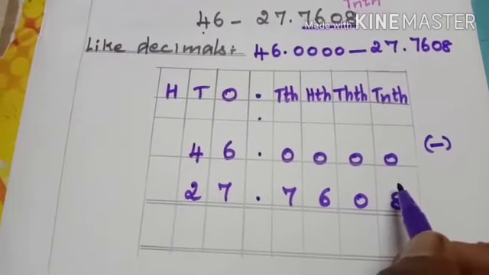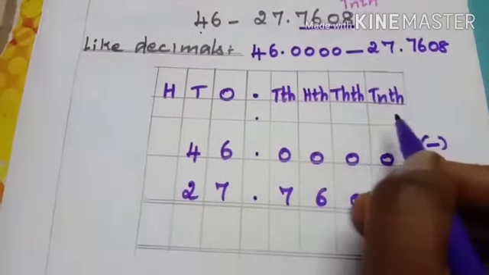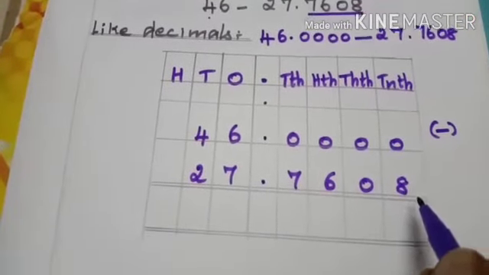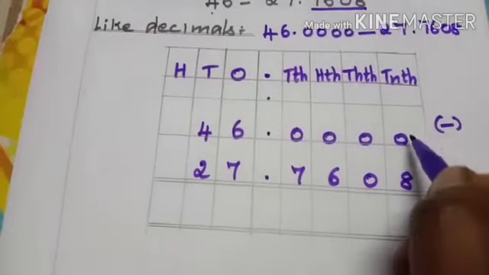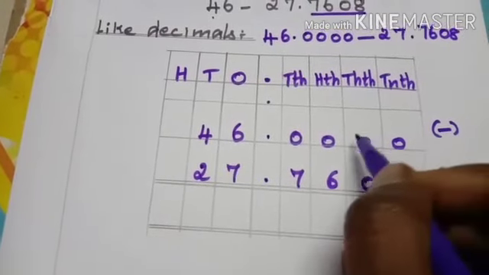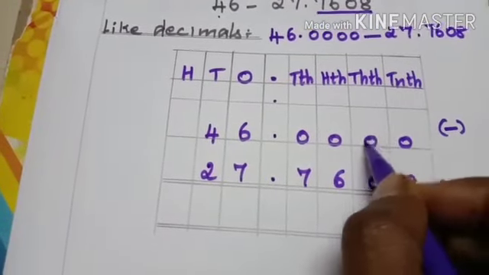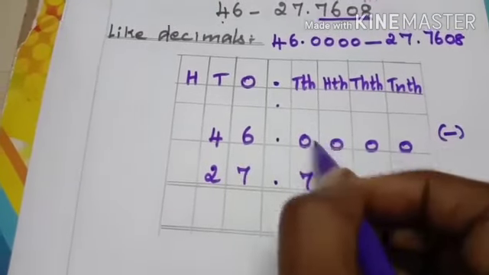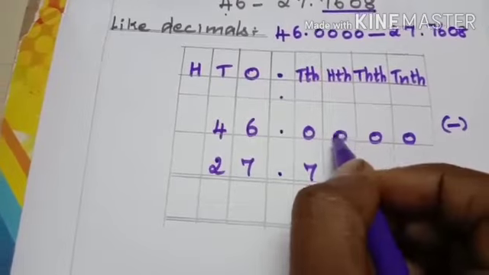Here also we have to subtract from right to left. We can't subtract 8 from 0, so we need to borrow from the thousandths place. Here also 0, so we need to borrow from the hundredths place.